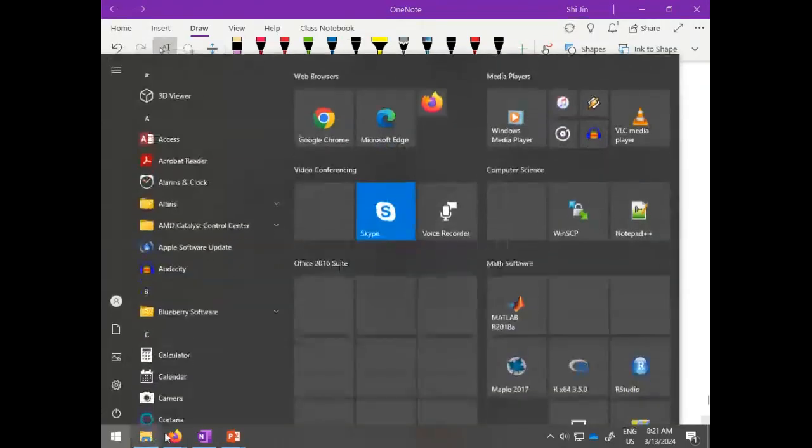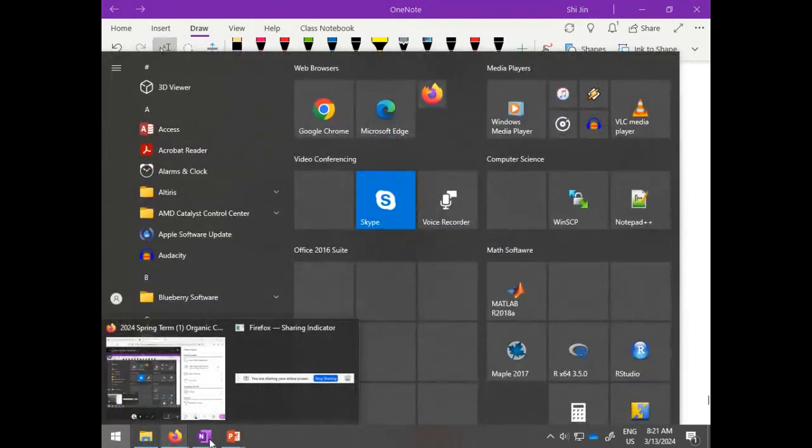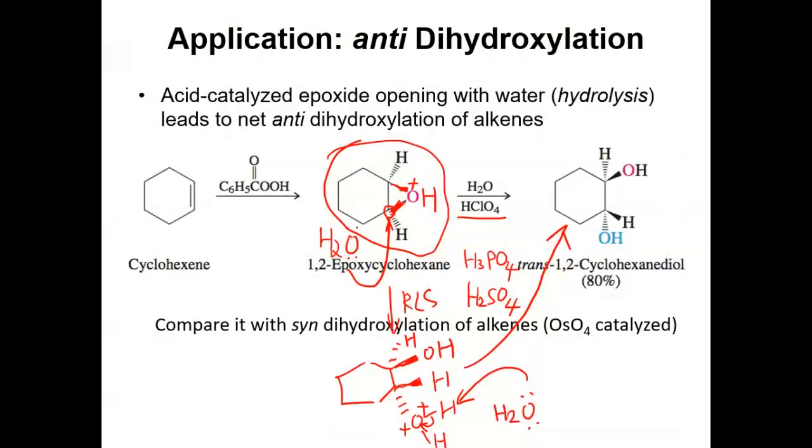But if you go through the epoxide, then treat it with water in an acidic environment, you get a trans diol.